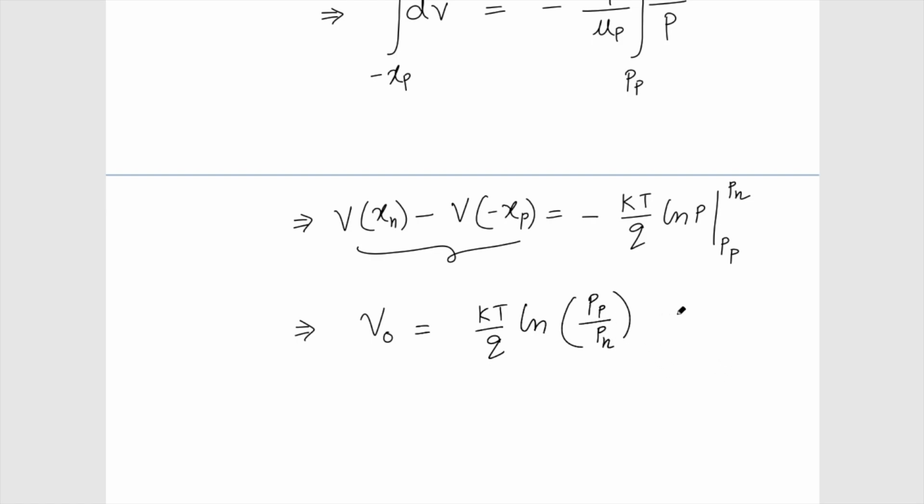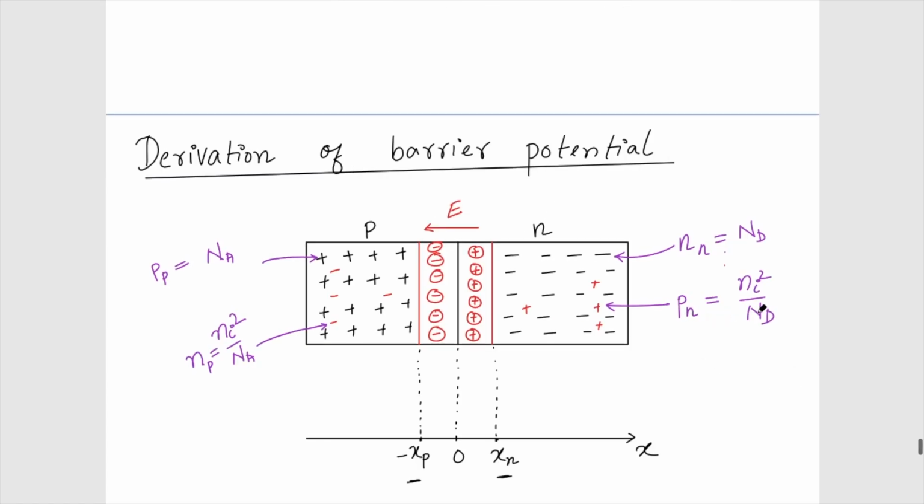And we know that Pp is the Na and Pn is Ni squared by Nd. From here, right? Pn is Ni squared by Nd and Pp is Na.